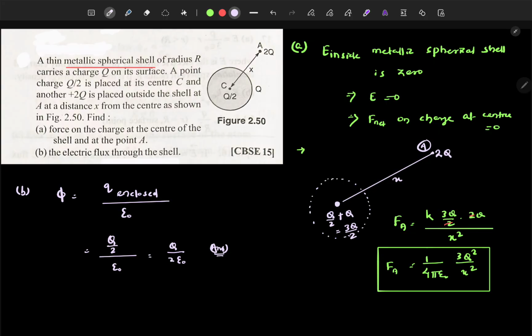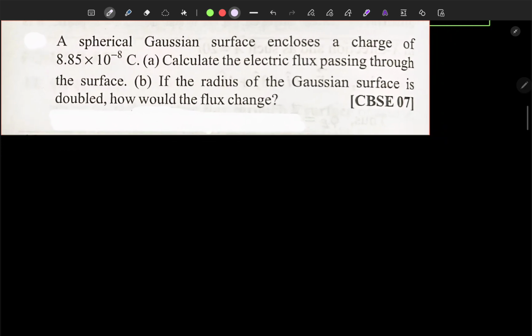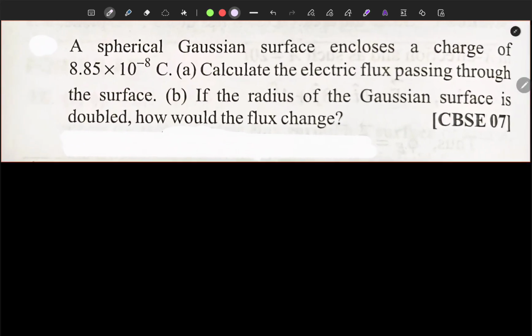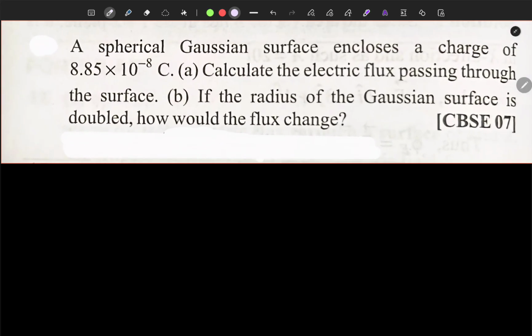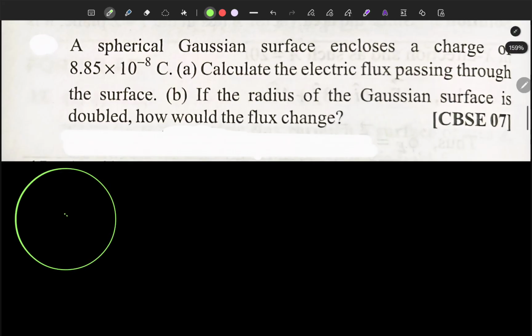Next, come to the third question. As per the question, a spherical Gaussian surface encloses a charge Q, and the enclosed value is given as 8.85 into 10 to the power minus 8 coulomb.